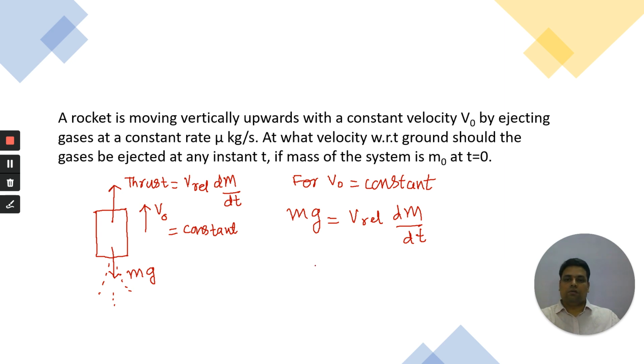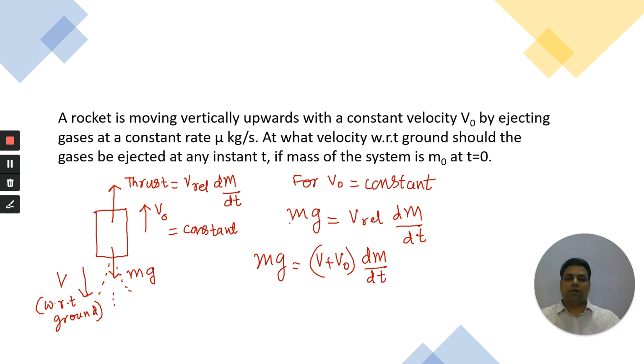Suppose the ejection velocity with respect to ground is V, then we can write V relative as V plus V naught, so mg equals V plus V naught times dm by dt.